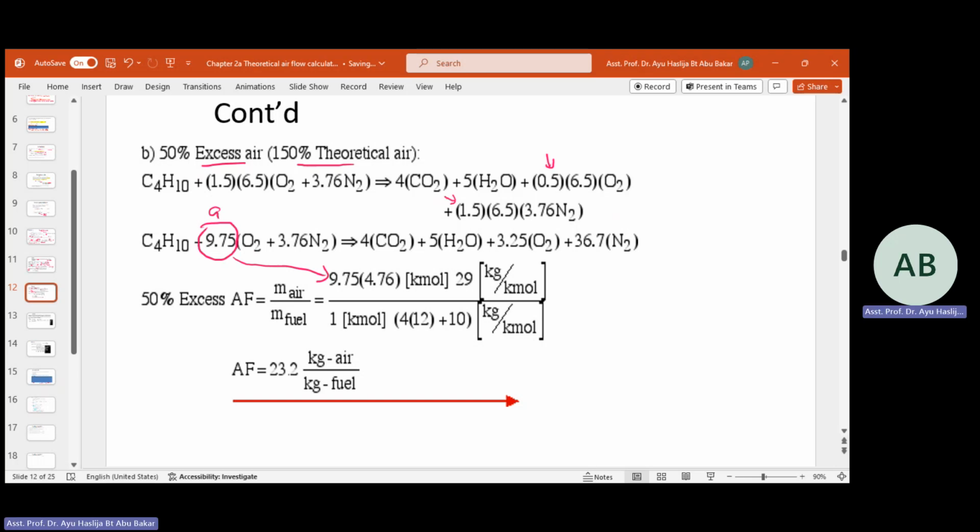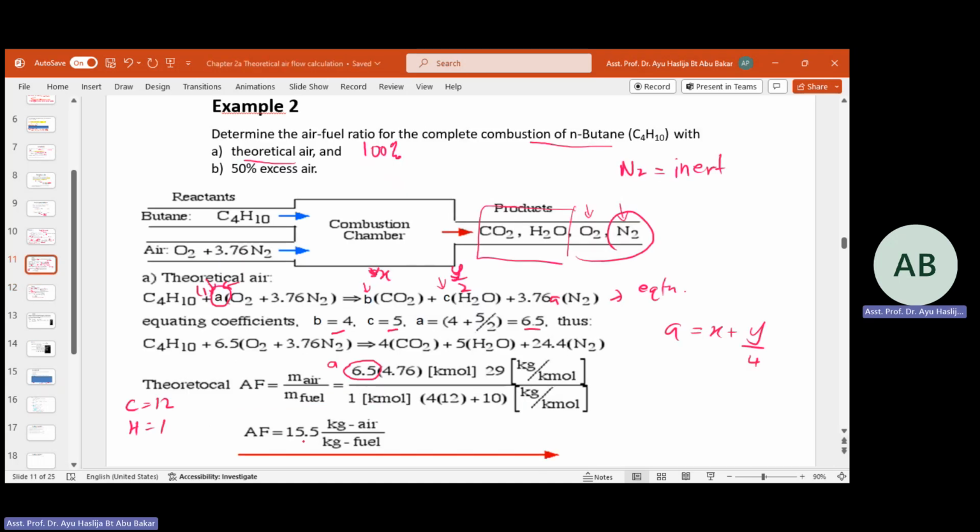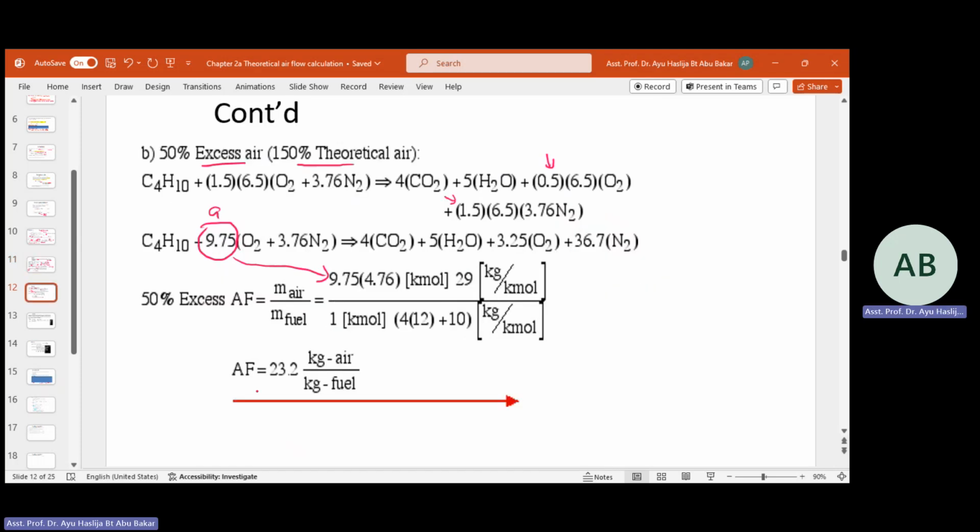Okay. Then you will get a different value for the fuel. Compare, earlier it was 15.5 for theoretical, the minimum amount. Then you have 50% excess air, 23 kg of air per kg of fuel. Okay, you can imagine the different design of compressor to supply this value of air.